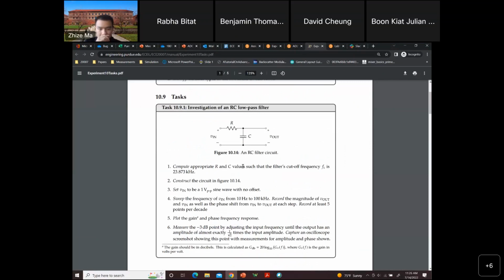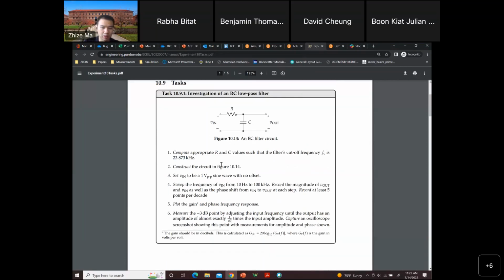So let's say Task 1. Before you build this circuit, you need to calculate the RC value according to the cutoff frequency equation for the low pass filter, and the cutoff frequency is given in here. After you calculate the value for RC, you can build this circuit on the breadboard.